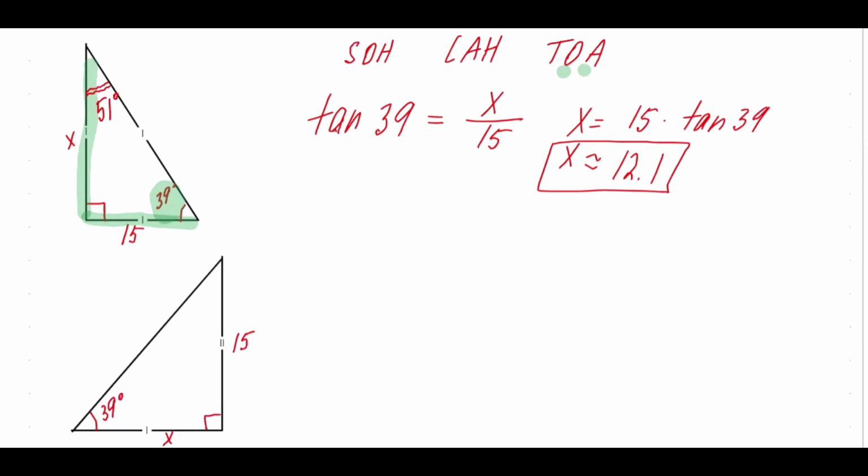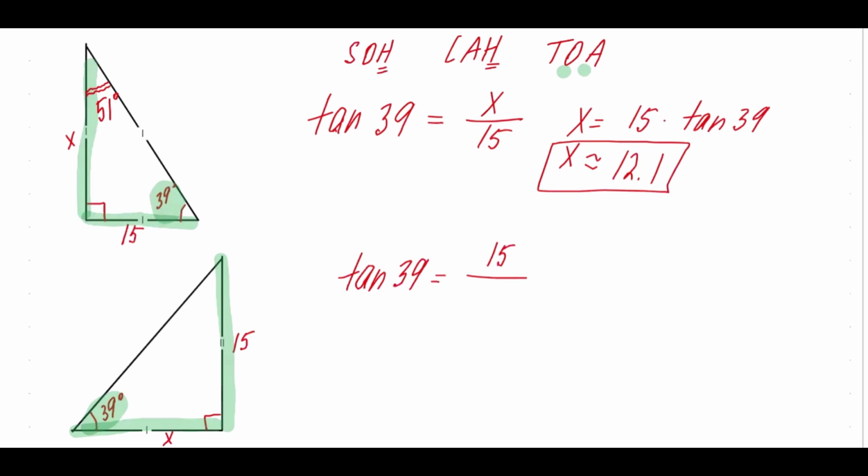Let's look at one more question. For this question, this is the angle we're going to work around. This is the adjacent leg, and this is the opposite leg. We have to use tangent because we don't have the hypotenuse for sine or cosine. So let's write tangent of 39. Now use the formula exactly how it is. Use the definition: opposite leg over adjacent leg.